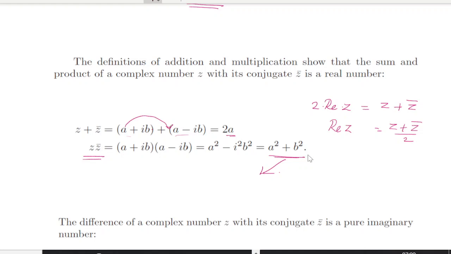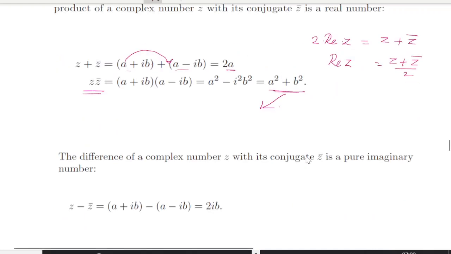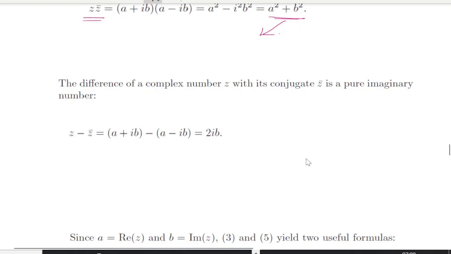Now when you are finding the difference of the complex number z with z bar, it will result in a pure imaginary number. See here, z minus z bar. So a plus ib minus a minus ib. This will result in a minus a, first term, right? Plus i into b minus b will come. So it will result in 2ib.